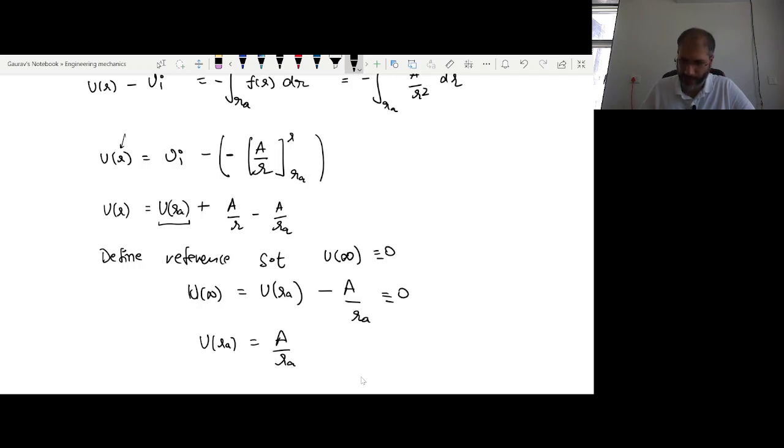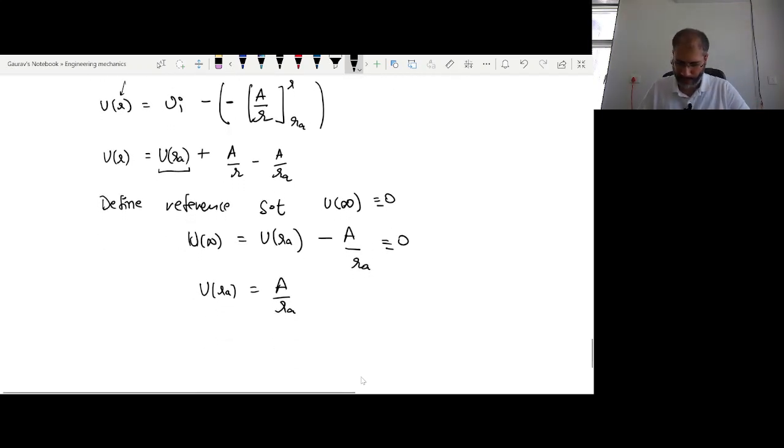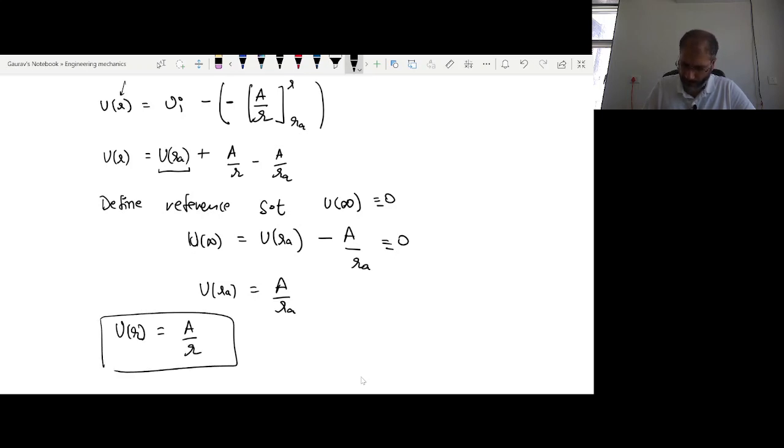So if we substitute that, we basically get the expression ur is equal to a upon r. So this is the expression for the potential energy for central force of the type of inverse squared force.